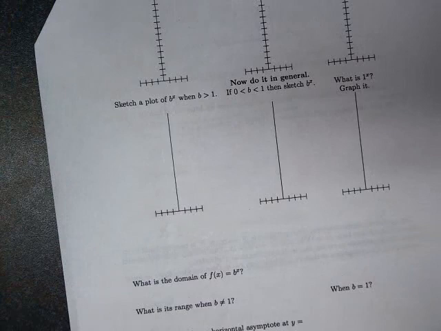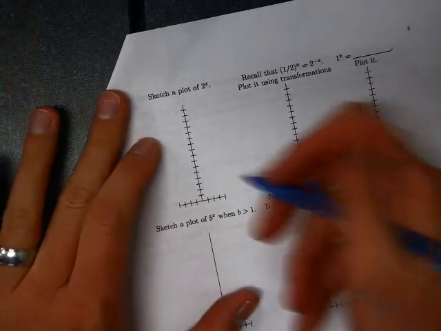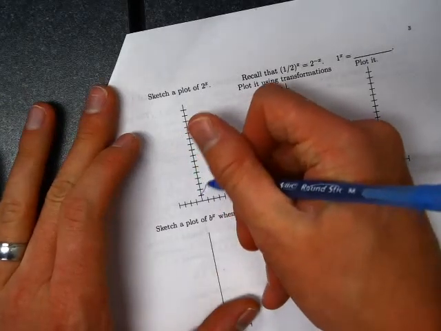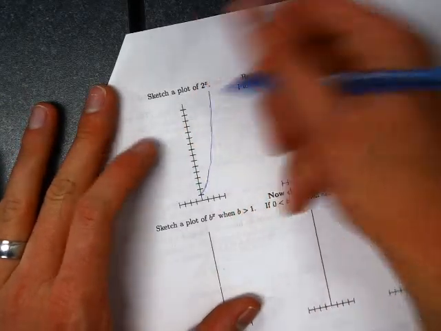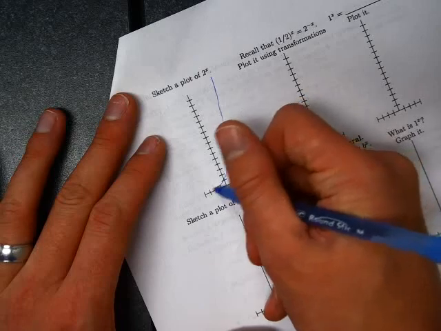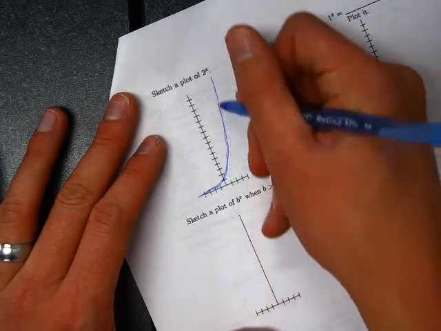So the last major thing that I want to do today, the last page, is, if you like, a sales pitch for an extra credit for today: let's think about graphs of exponential functions. So we've already sketched a graph of 2 to the x, and there it was. It looked something like that.